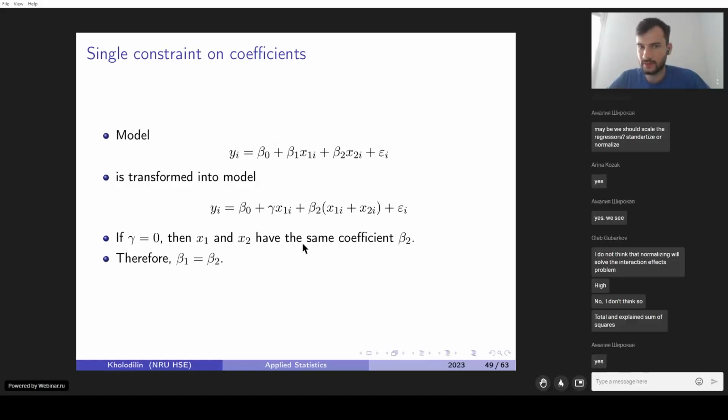Because if gamma equals 0, then you end up with the same model, but with B2 instead of B1, B2. That's some small tricks in econometrics. I think you're for sure going to discuss it in the Excel sessions.